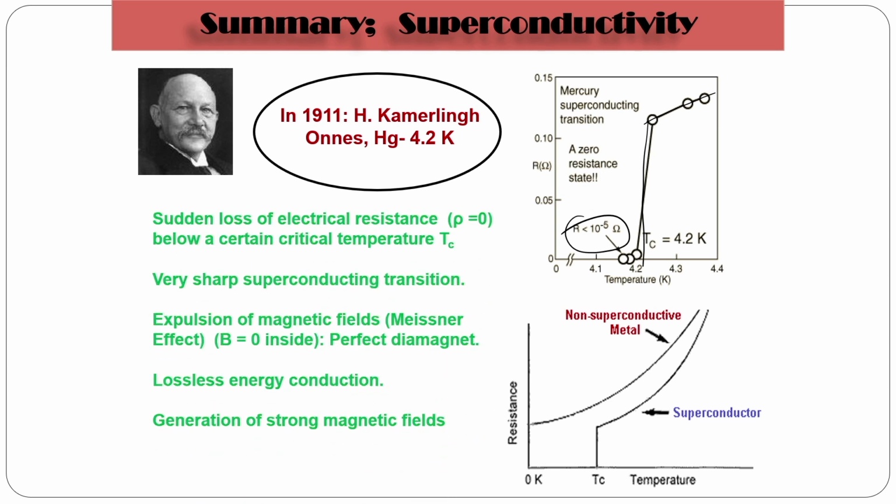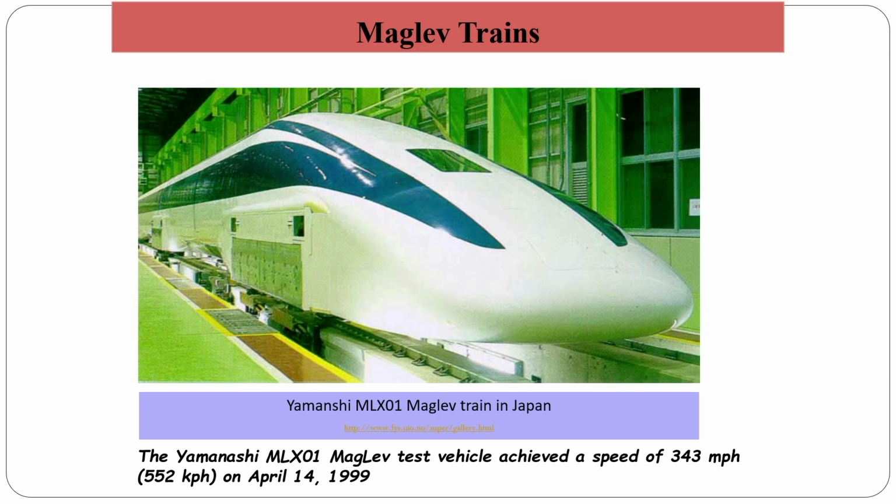So, sudden loss of electrical resistance below a certain critical temperature, sharp superconducting transition, expulsion of magnetic field, which is the Meissner effect and perfect diamagnet, lossless energy conduction, and generation of very strong magnetic fields. These are some of the applications of superconductors.